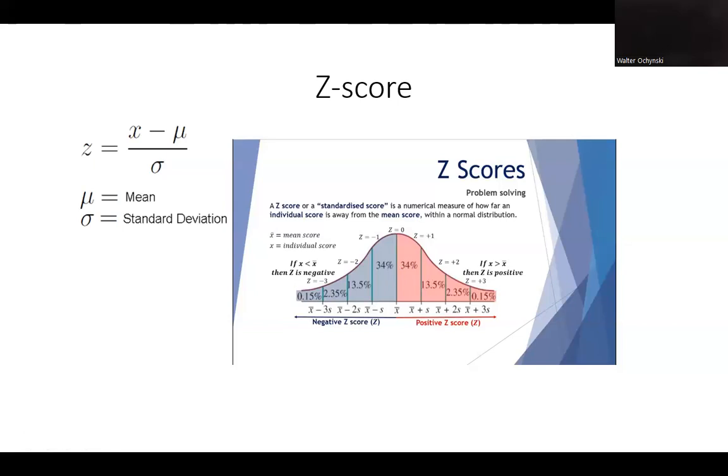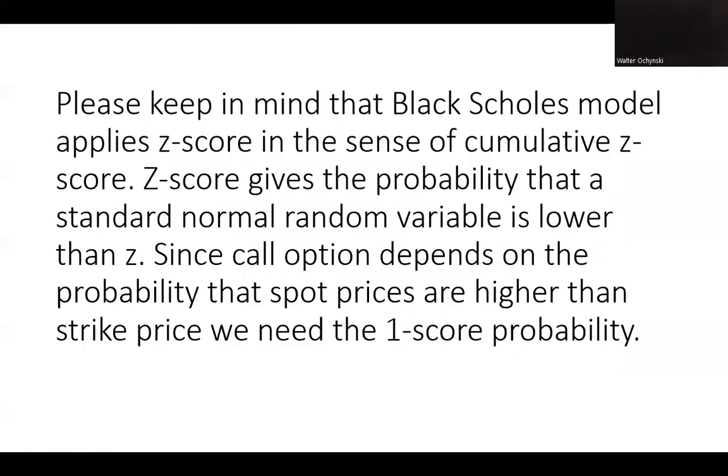But you have to keep in mind you have two different interpretations of z-score. One, as is shown here, is how far away you are from the mean. The second interpretation, which is important for us when we analyze the Black-Scholes model, is that in the Black-Scholes model, z-score applies in the sense of a cumulative z-score.